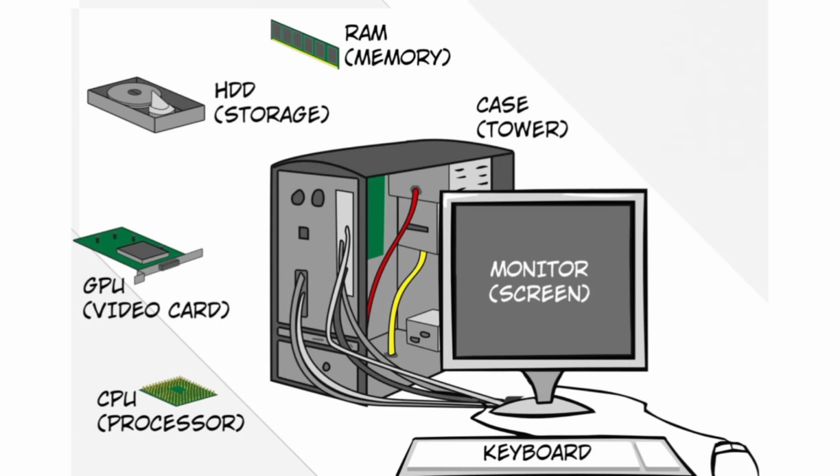Components of a computer system. A computer system consists of main components, peripherals, accessories, and computer software, which is categorized into two parts, that is system software and application software. Now first we will talk about main components.